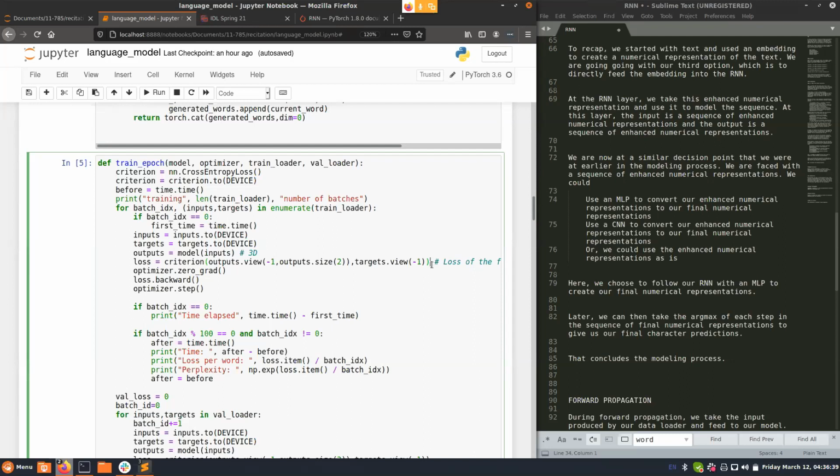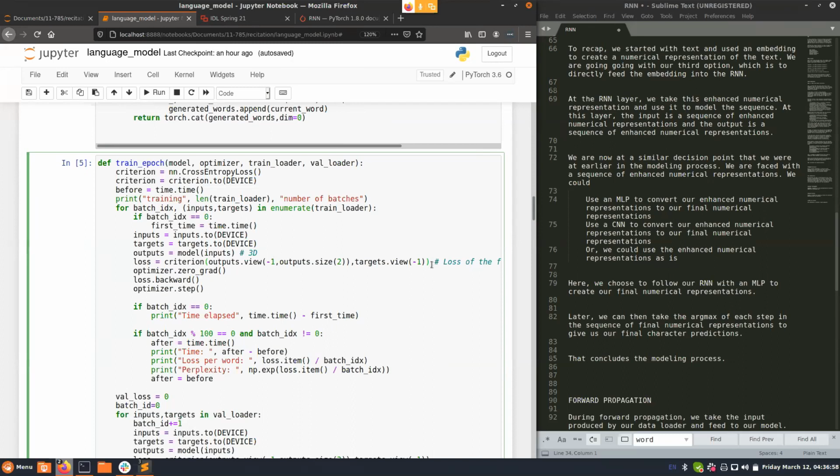Here, from our model, we have a 3-dimensional object with the output dimension, the sequence length, and the batch size.